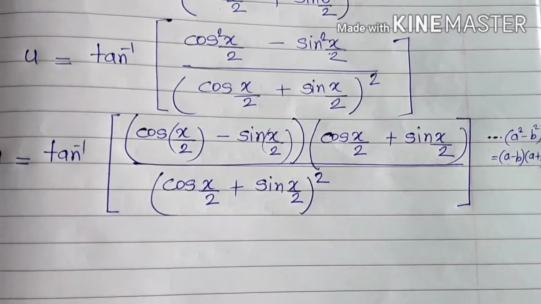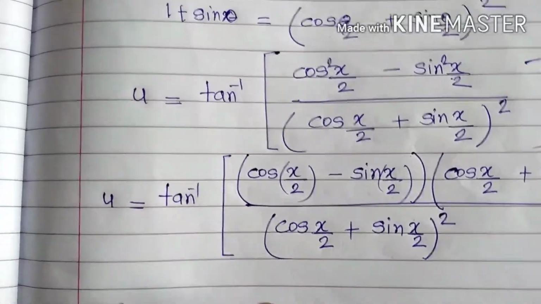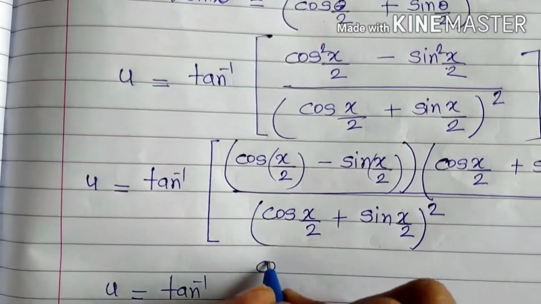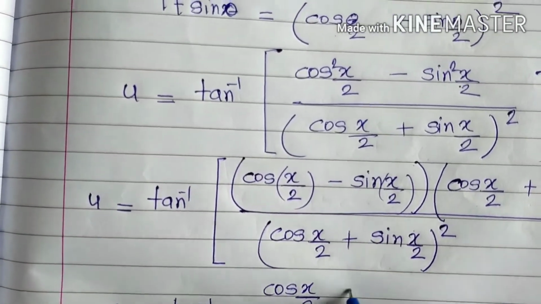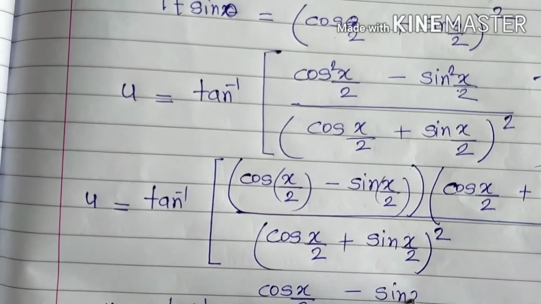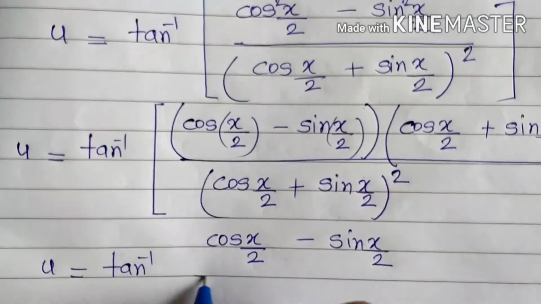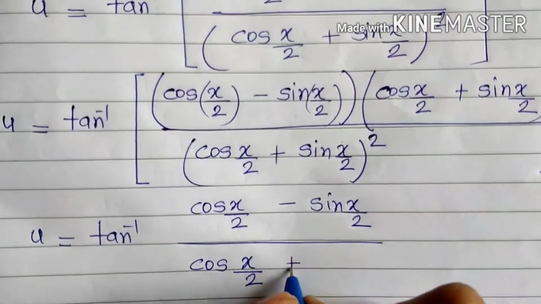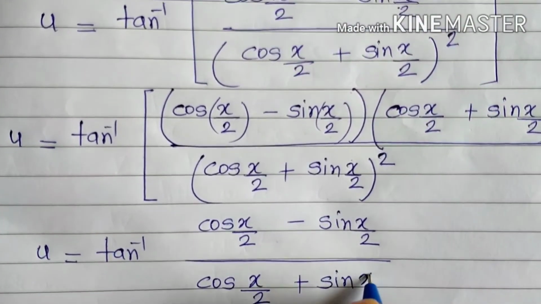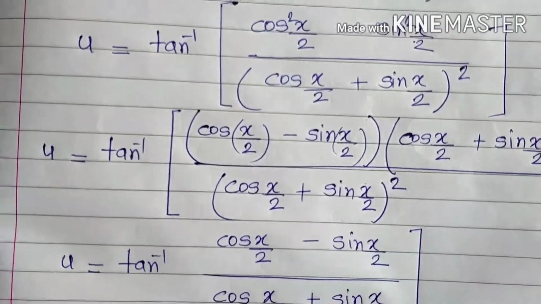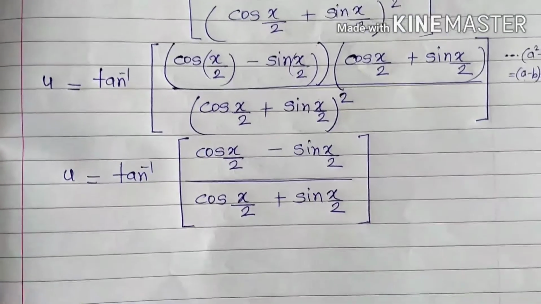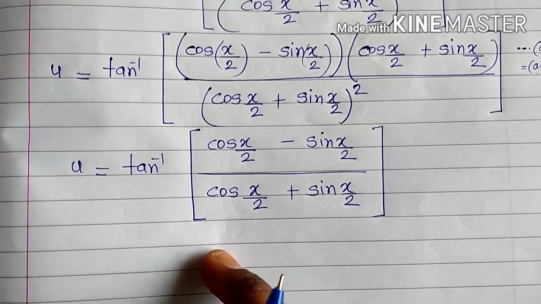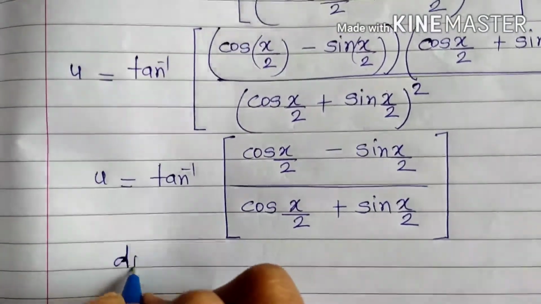So you get only u is equal to tan inverse, now divide numerator and denominator by cos x upon 2.